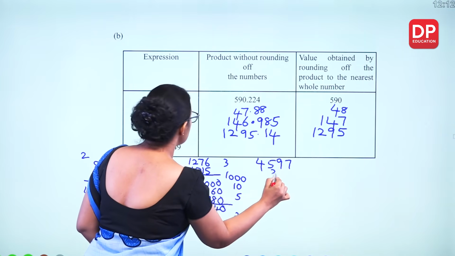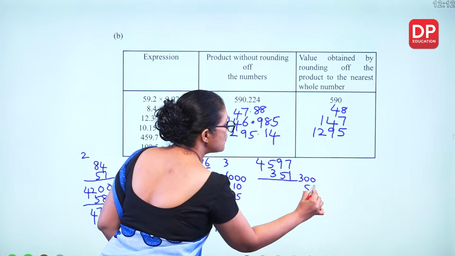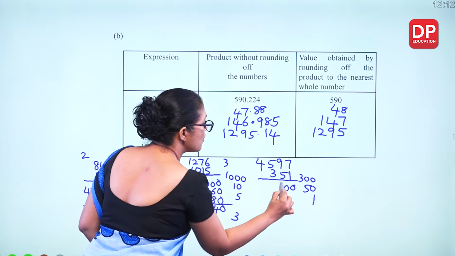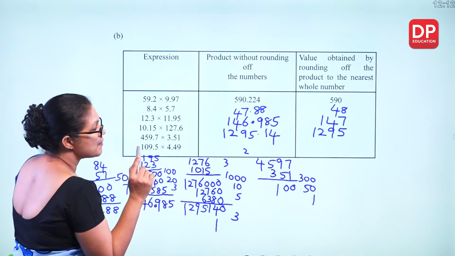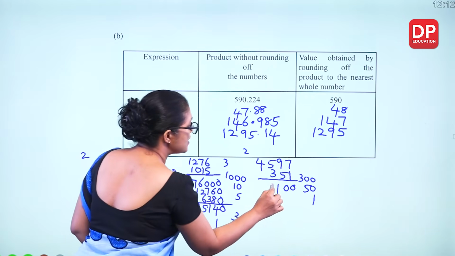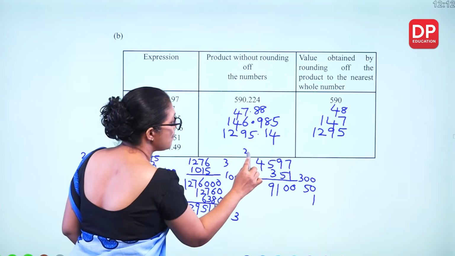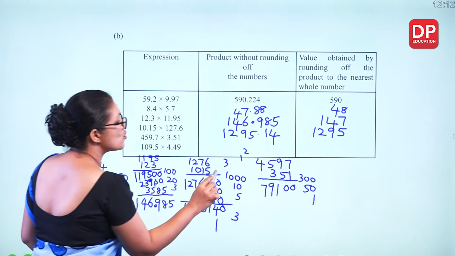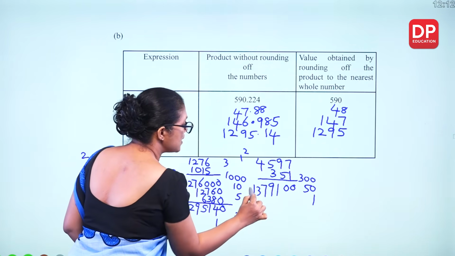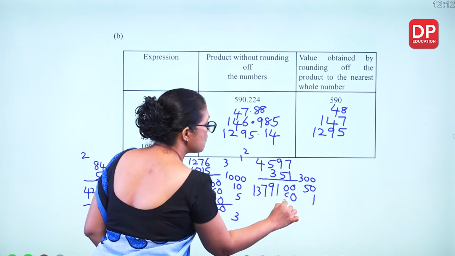Next one, 4597 multiplied by 351. 350 and 1. 2 zeros, 3 times 7, 21. 3 times 9, 27 plus 2, 29. 2 remaining. 3 times 5, 15 plus 2, 17. 1 remaining. 3 times 4, 12 plus 1, 13. Multiply by 5 now. 5 times 7, 35.